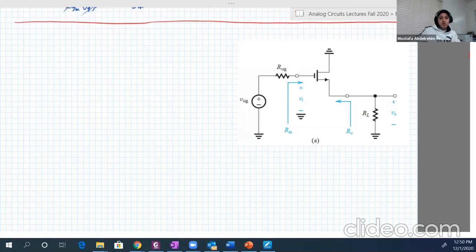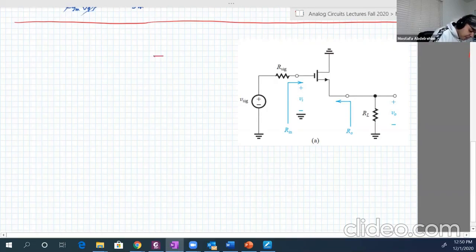So let's now solve the same common drain amplifier using the second version of the equivalent circuit of the transistor, and we'll see that they are both equivalent. They will lead to the same conclusions, the same equations, the same numbers. In the second version, we have the drain, and here is GM VGS. Then you have the gate.